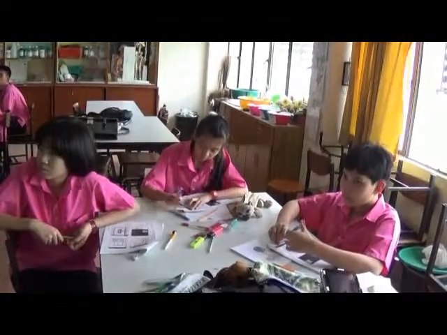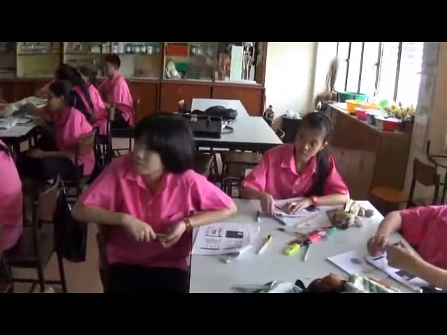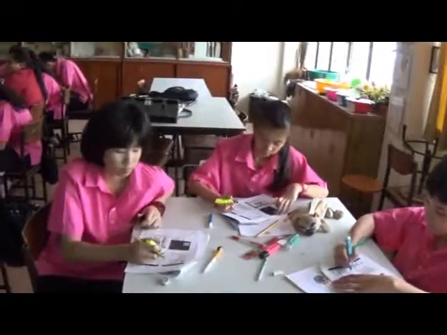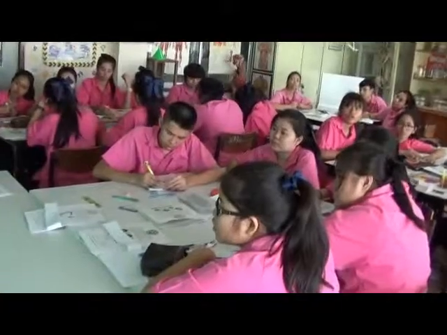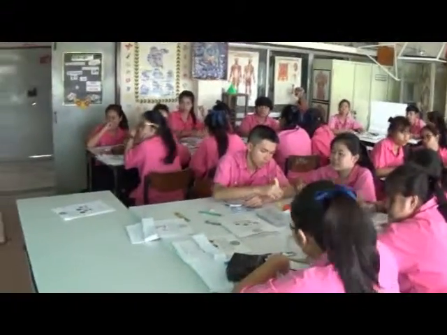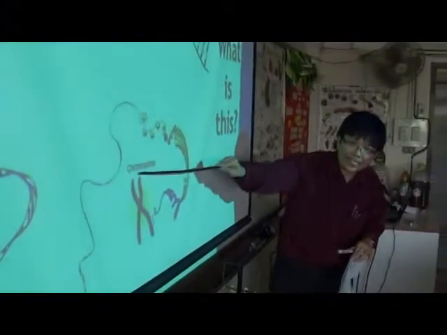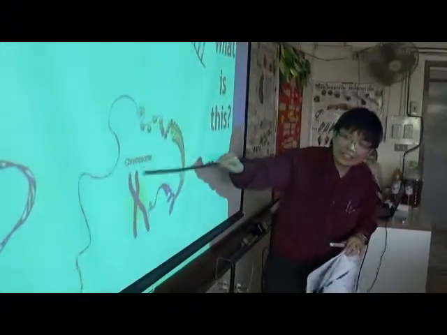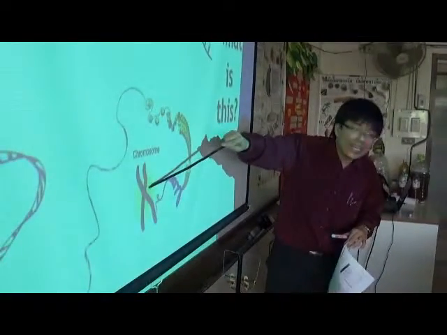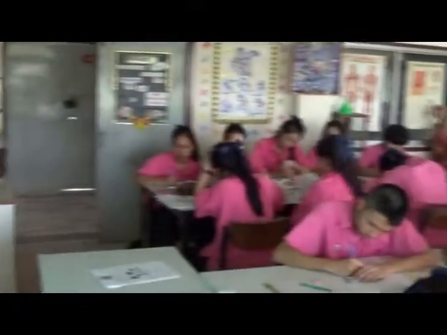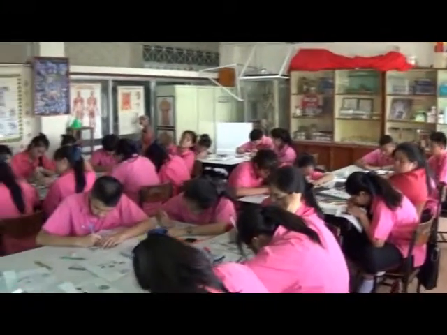Okay. What is this? Chromosome. You highlight this word chromosome, and you circle this chromatid. That's right, chromatid. And you point to this centromere.